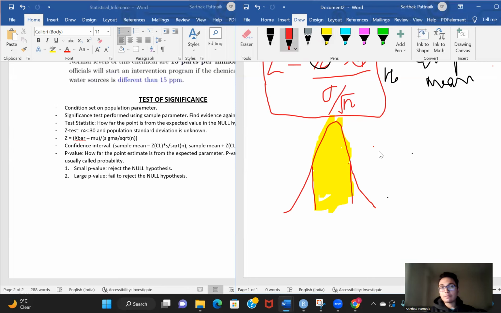So if, for example, I'm taking a one-sided test and I need to find evidence for mu is greater than mu naught, where mu naught is the initial condition in the null hypothesis, then this is the area which I'll have to be concerned with, because I'm finding evidence for mu is greater than mu naught.